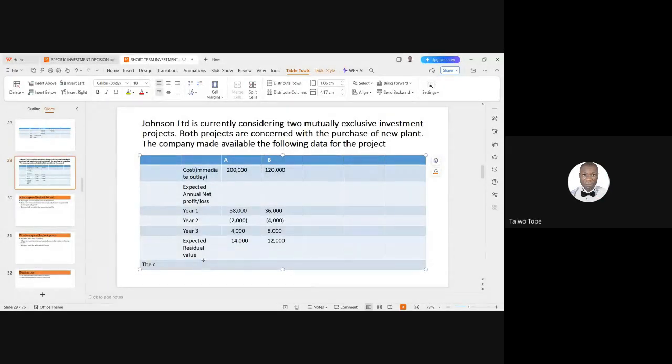The company has an estimated cost of capital of 10% and employs the straight line method of depreciation for all fixed assets when calculating net profits.